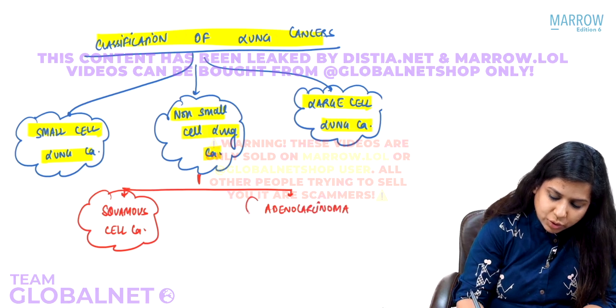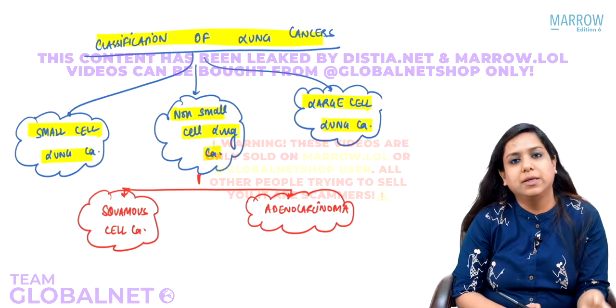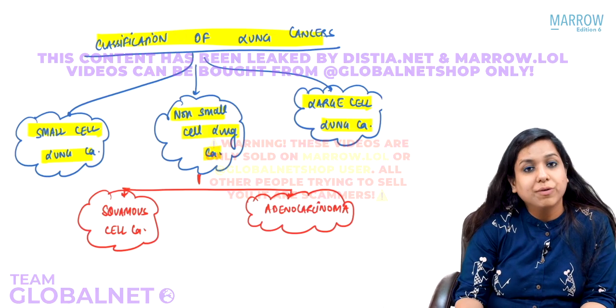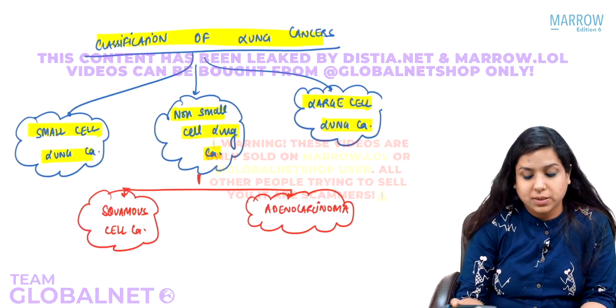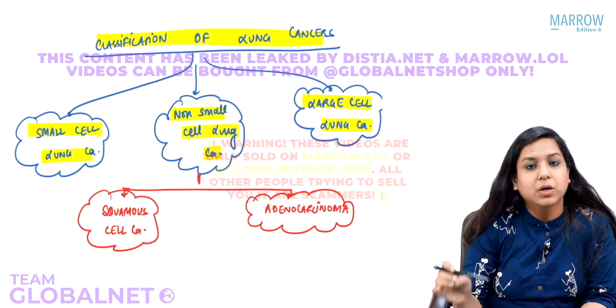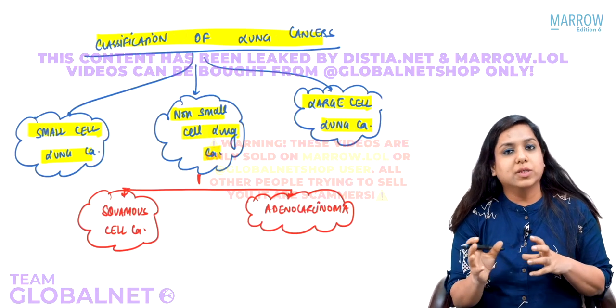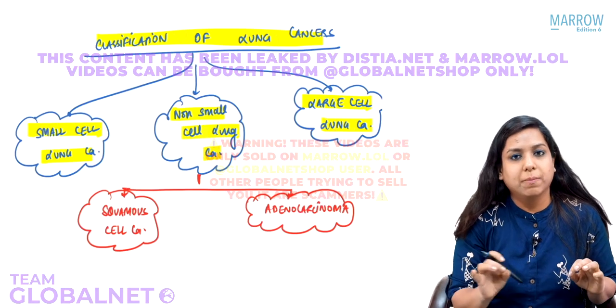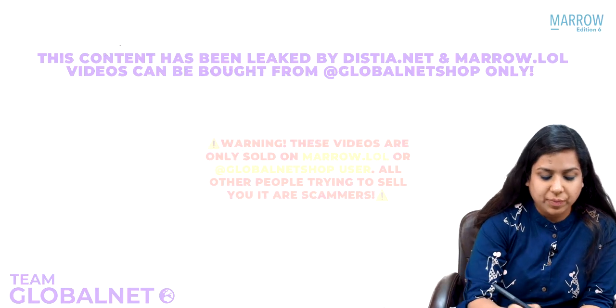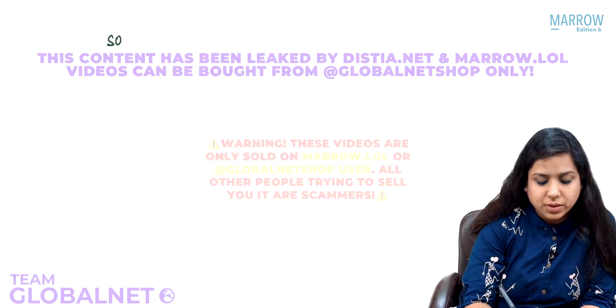Squamous cell carcinoma of lung and the adenocarcinoma of lung, right? These are the two kinds of non-small cell lung cancer. Here, what we have to do? We have to discuss all these cancers one by one, right? Okay, now let us start with the squamous cell carcinoma of lung.